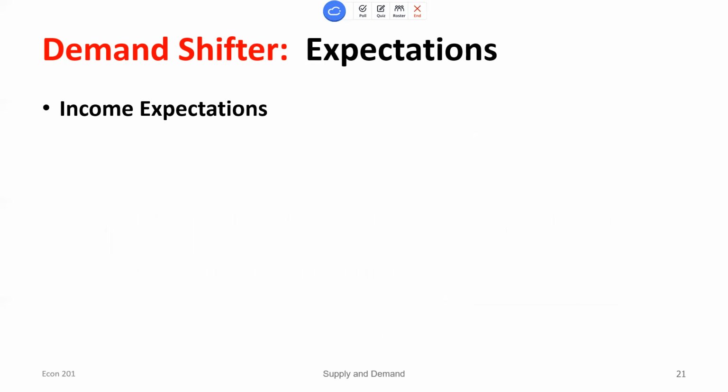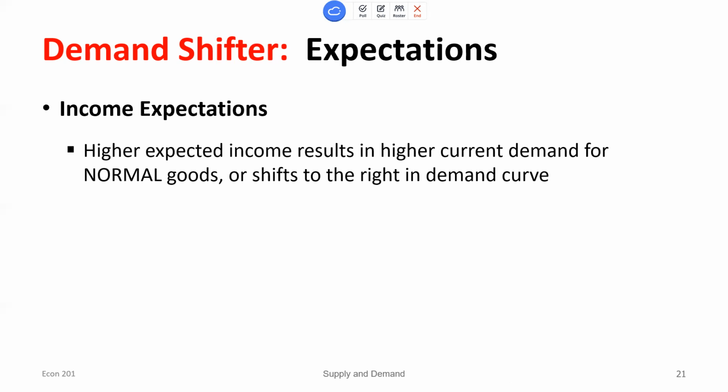So the other thing, we've already talked about income, right? We can kind of also think about future expectations of prices and income. So if I think that my income is going to be higher in the future, right? What might I do if I'm thinking about normal goods? If I think my income is going to be higher in the future, what might happen to demand for normal goods?